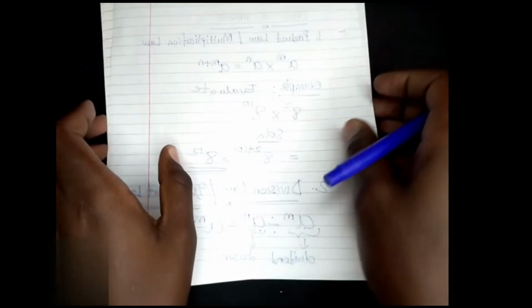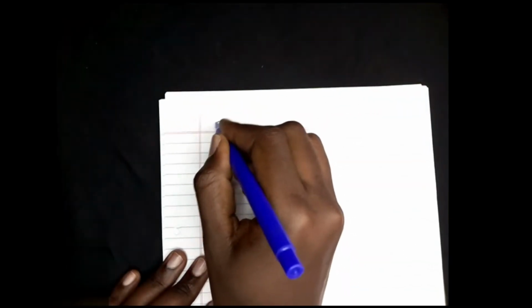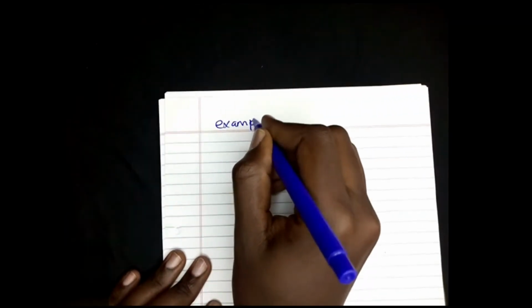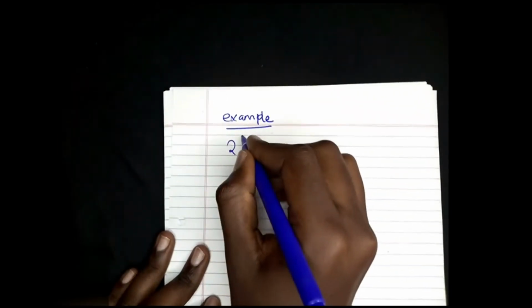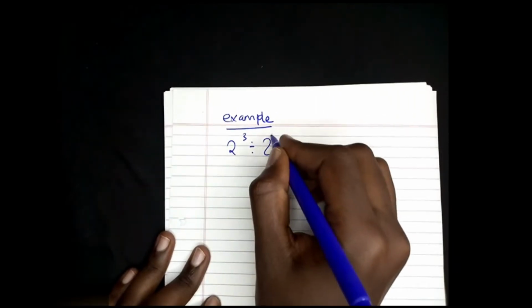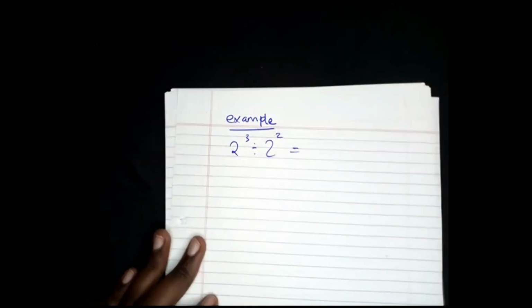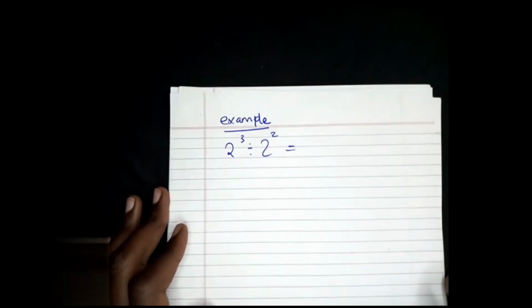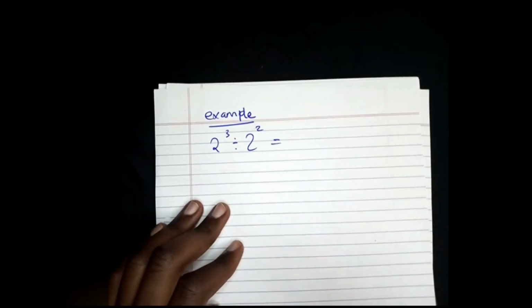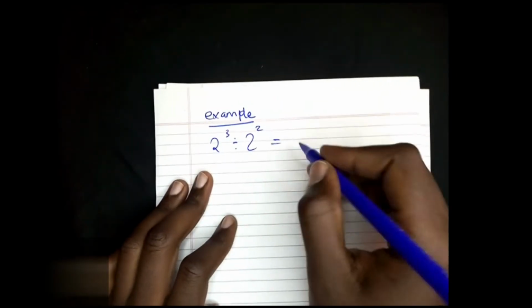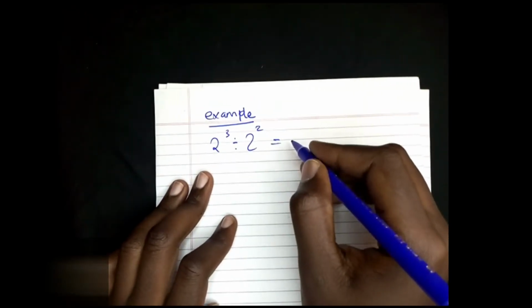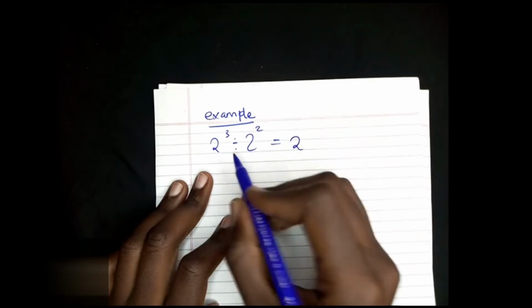Let us look at an example. If we have a number like 2 to power 3 divided by 2 to power 2, how do you go about it? We have said that if the base is the same, according to the division law or quotient law, you'll simply write the base.